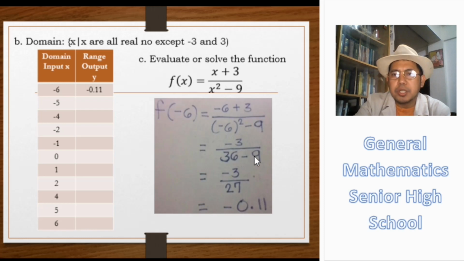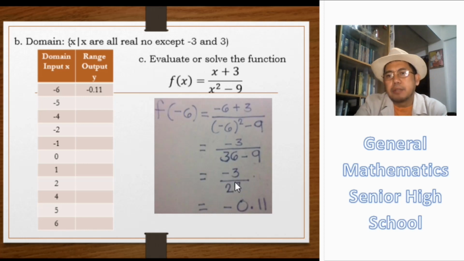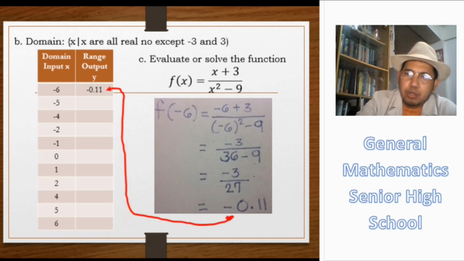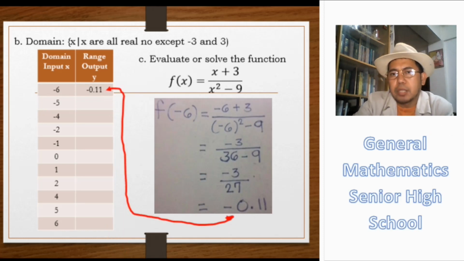And so 36 minus 9, it will give you 27. So I have in here -3 divided by 27 will give you negative 0.11, which is this one. So that is how to evaluate the function using the given values of x.